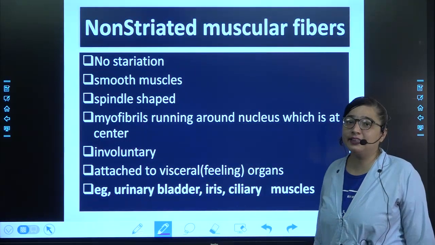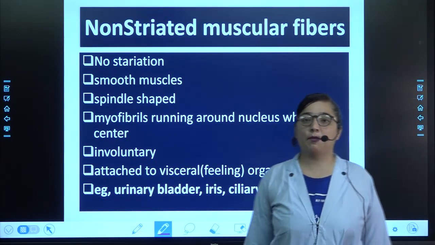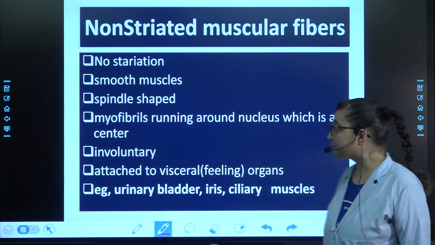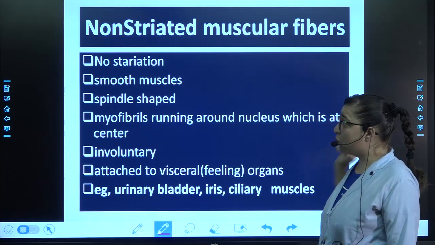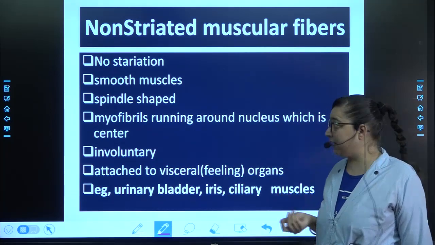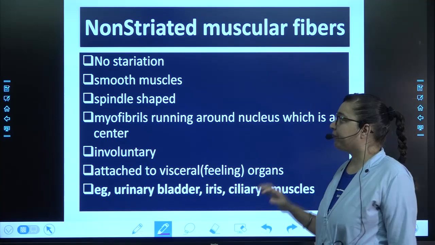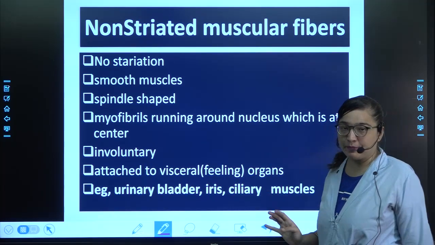So these are the very important points about the smooth muscle. There are no striations. Smooth muscles, that is its other name. What is its shape? Spindle shape.